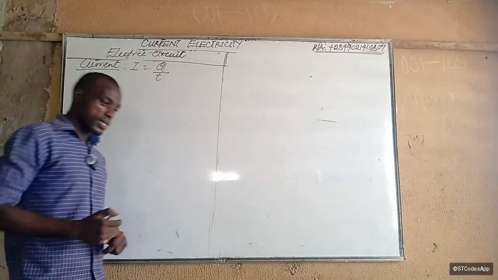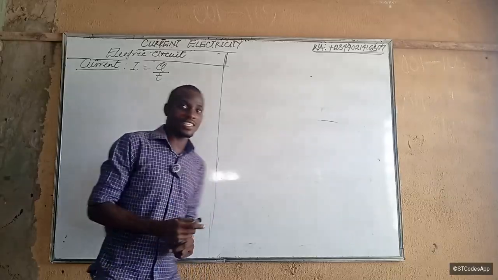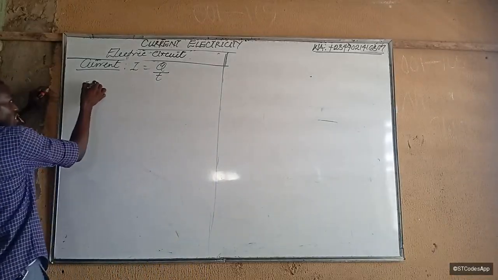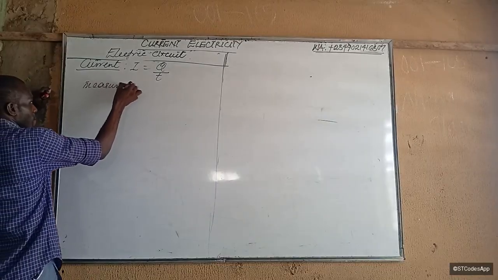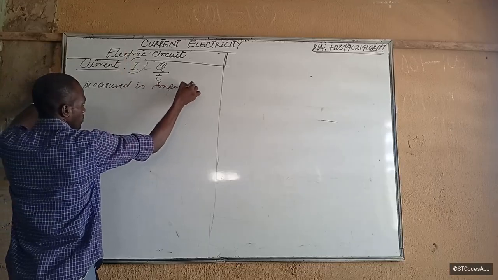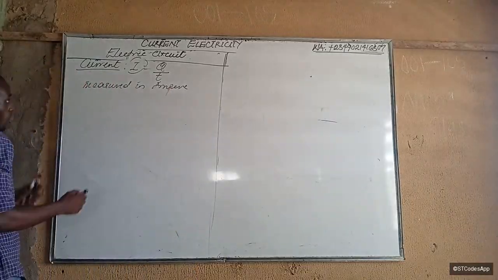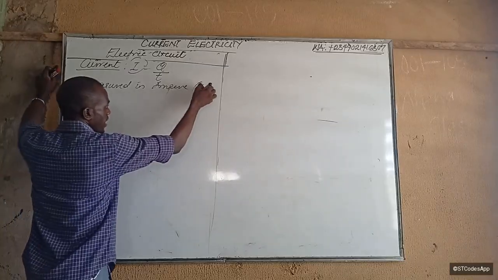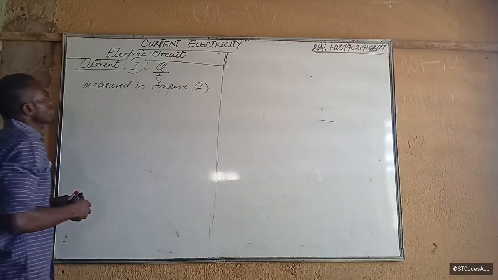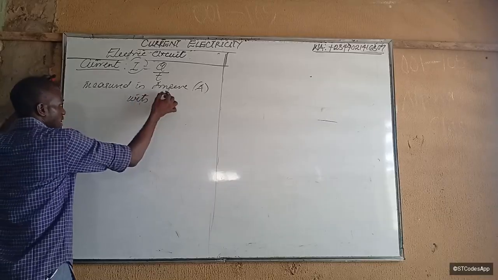Now, what do we have to talk about in current? What current is measured in. Current is denoted by I and measured in amperes, or amp, denoted by A, and it is measured with an ammeter.